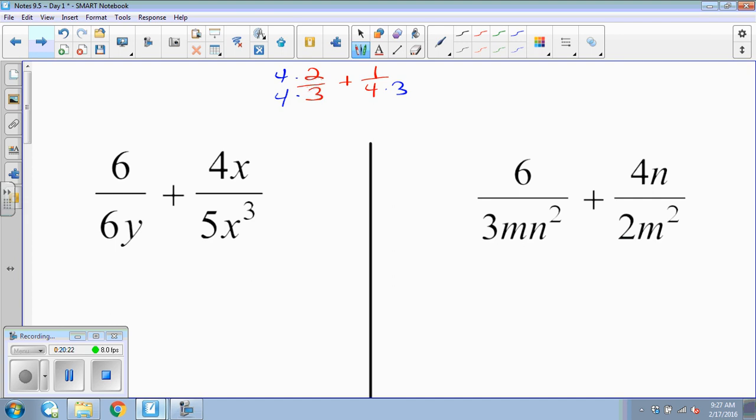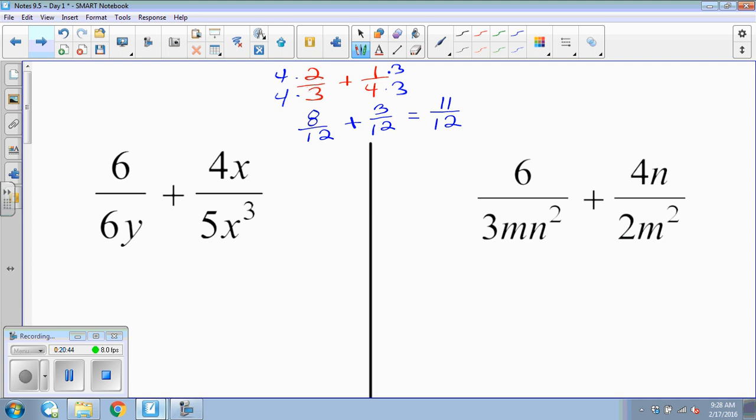And so if I multiply this by 3, I have to multiply that by 3, right? So then that becomes 8 over 12 plus 3 over 12, which is 11 over 12. You can add those now, right? So those are our steps for finding a common denominator and forcing our denominators to be the same.